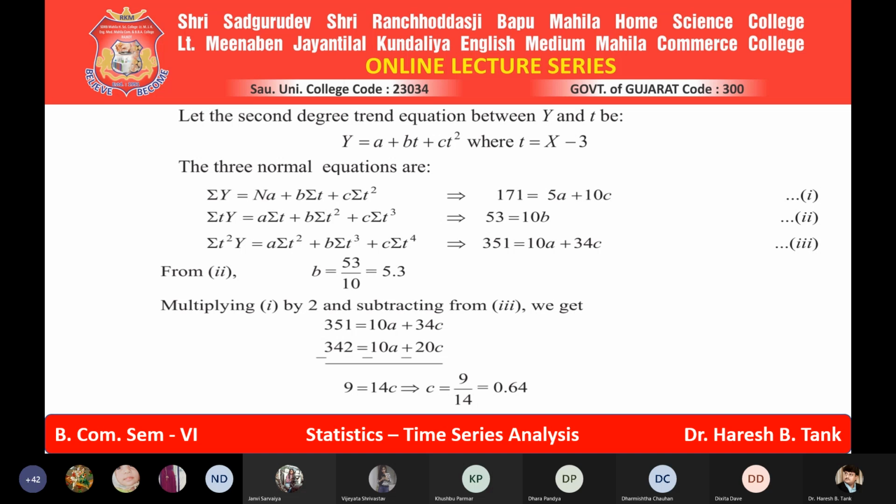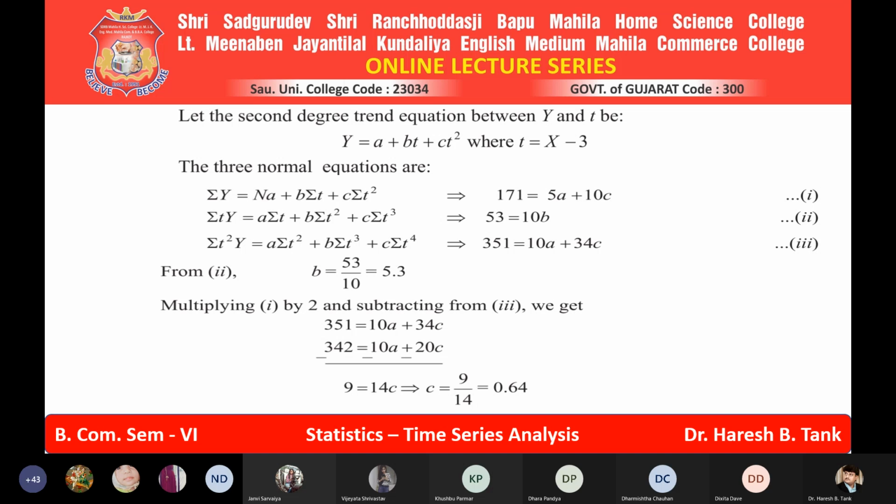So in this equation, y is equal to a plus bt plus ct square, where your value of t is nothing but x minus 3. That is all fine. Ultimately, our intention is to get the value of a, b, and c.